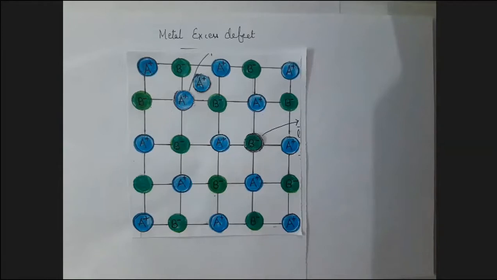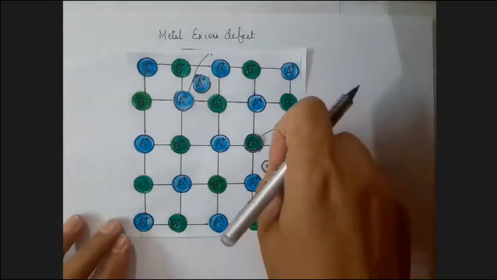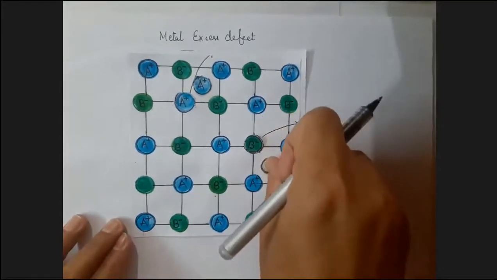To maintain electrical neutrality, because it is an ionic compound, an extra electron is also present in some other interstitial site.